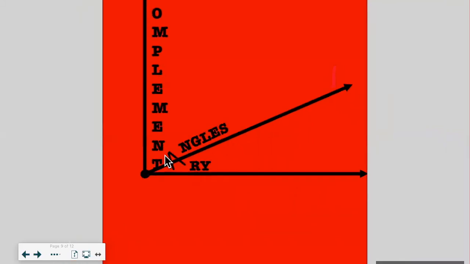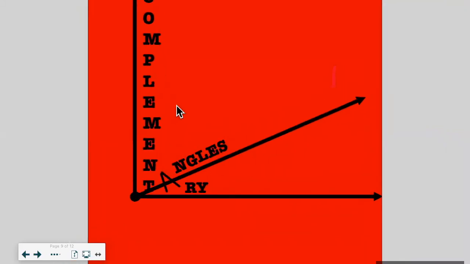I lost my spot. Okay, so we have an angle here. This ray and this ray form a right angle. And I can indicate that with the square corner. So together they form a right angle.